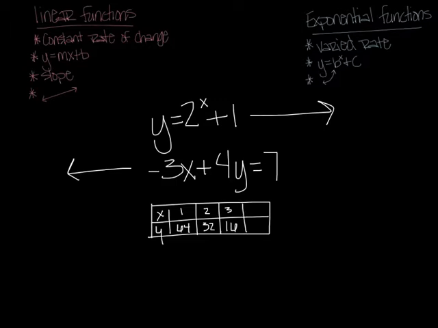Linear or exponential? Good. Exponential, because you can see down here at the bottom, we are multiplying by 1/2 or dividing by 2 every time. So that is a multiplication process, geometric sequence, exponential function.